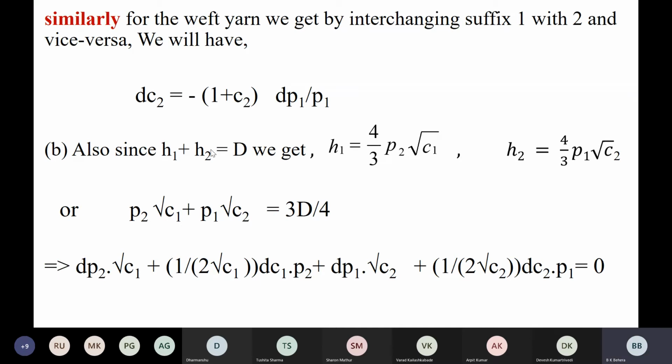We know H1 plus H2 is equal to D. And H1 is this, H2 is this. We all know these equations in the fabric geometry. So H1 plus H2 will be this.